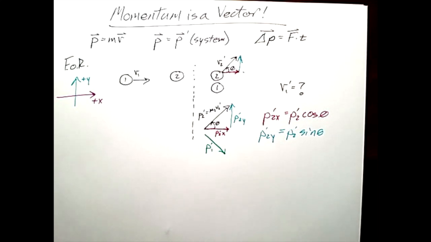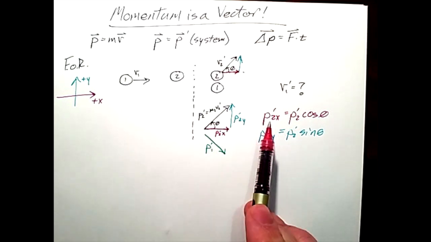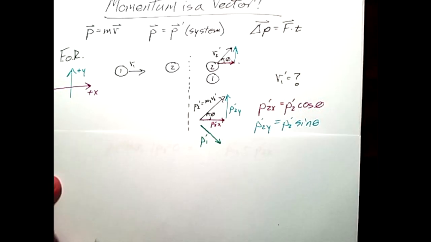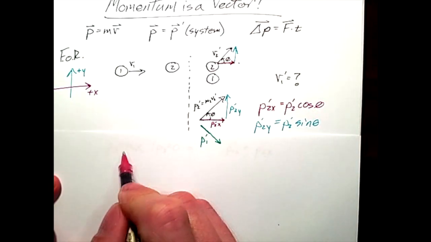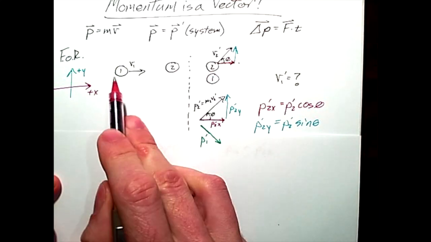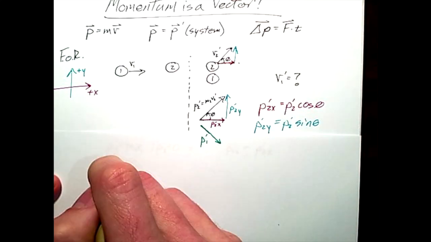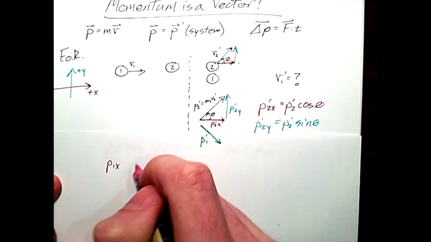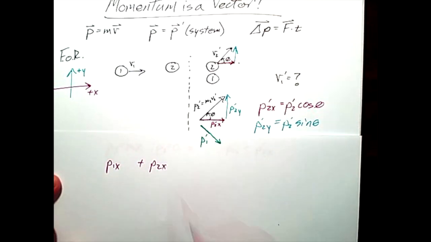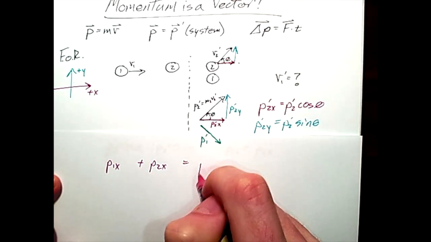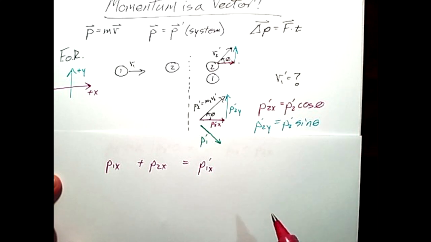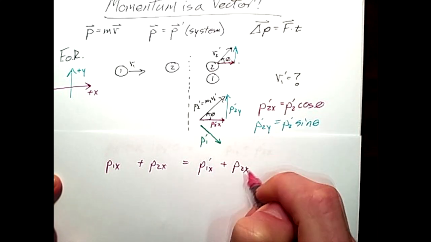So if I go back to the original problem, what I need to recognize is that the problems work exactly the same once I've isolated x and y directions. So separating into the x directions, but still treating it as a conservation of momentum problem, we have two objects and it's an elastic collision, which means that we have a P1x and a P2x prior to the collision. After the collision, because they're still two separate objects, we have a P1x prime and a P2x prime.